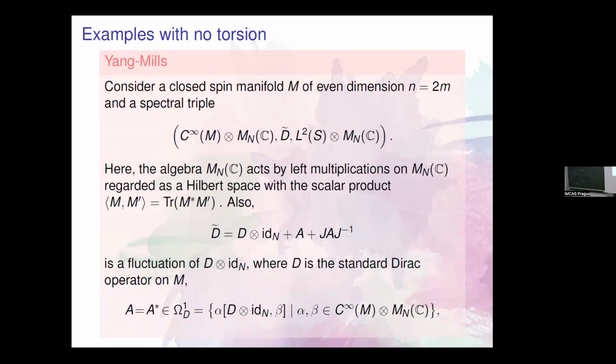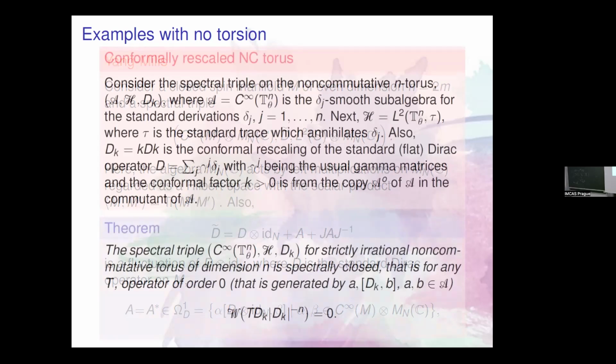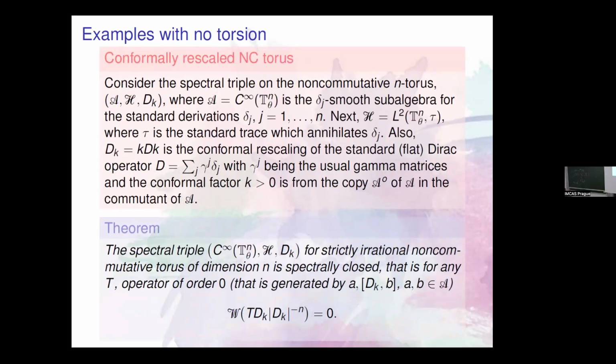You can compute the Einstein tensor of that, and it becomes the curvature, but it has no torsion. Second, the conformally rescaled non-commutative torus also has no torsion. It's actually even spectrally closed, so it's even better, for any n. This is nice. This is what we would expect.